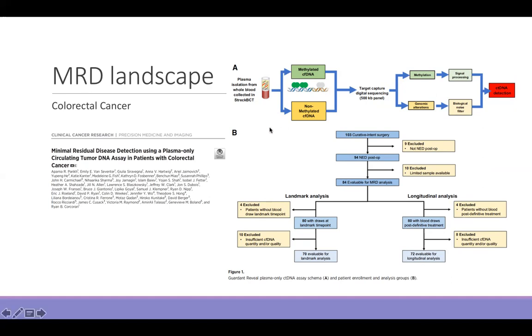And here is a recent paper published in Clinical Cancer Research that showed that if you look at the cell-free DNA, as well as its methylation patterns, you can do a pretty good job in screening for colorectal cancers. After surgery, screening for relapse.